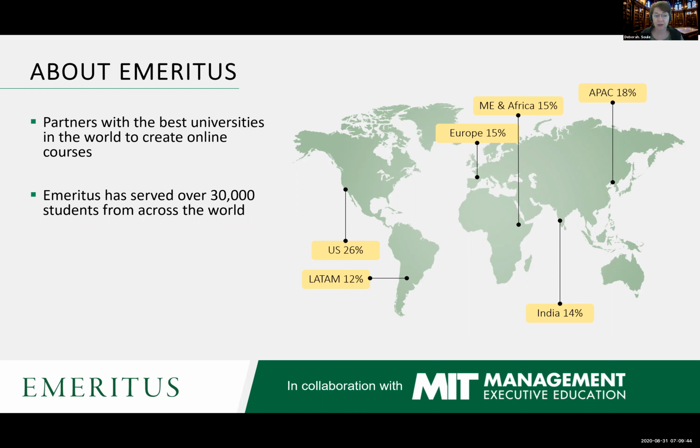And to date, Emeritus has served over 30,000 students from across the world. You can see the areas where people are drawn from, pretty much every continent. And we're increasingly seeing participation from all continents. It's not just US-centric. Emeritus is actually headquartered in Singapore, but we have offices and activities all around the world as well.